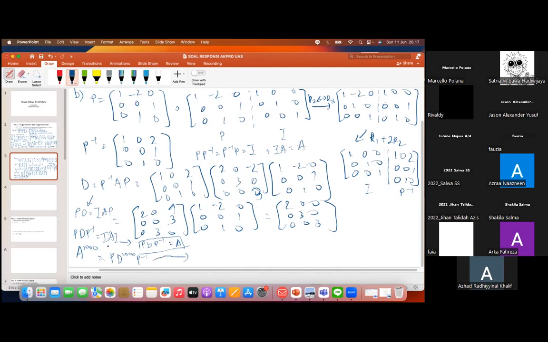P and P inverse are not raised to the power of 1000, so it's just the D. So we can just write 1, 0, 2, 0, 0, 1, 0, 1, 0 times 2 to the power of 1000, 3 to the power of 1000, 3 to the power of 1000, times P inverse, 1, 0, 2, 0, 0, 1, 0, 1, 0.